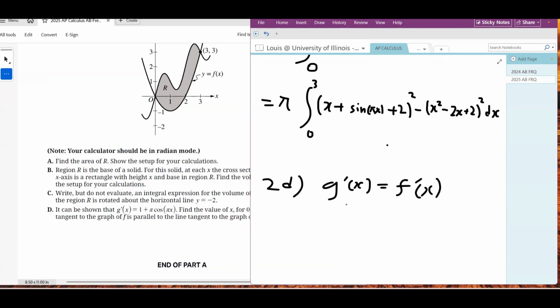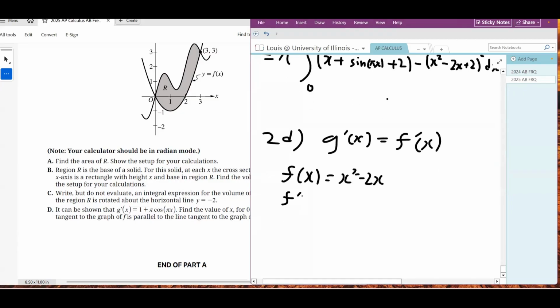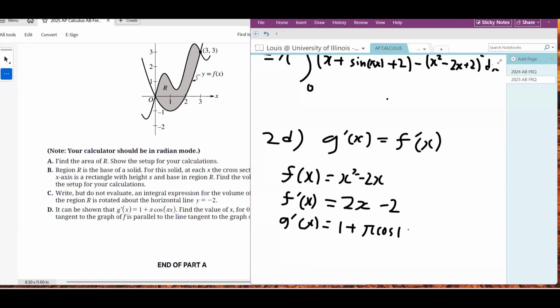So I'm going to go ahead and take the derivative of f of x. We know that f of x is equal to x squared minus 2x, so f prime of x is equal to 2x minus 2. And we're given g prime of x, which is equal to 1 plus pi cosine of pi x.